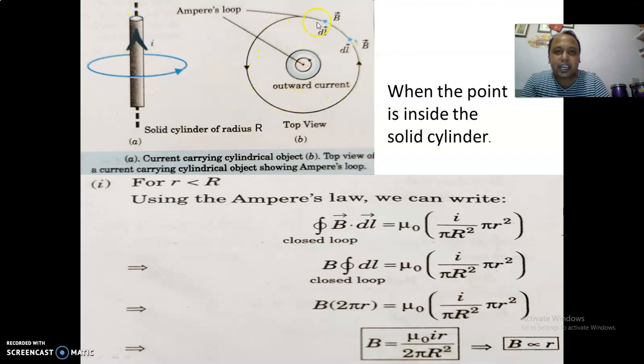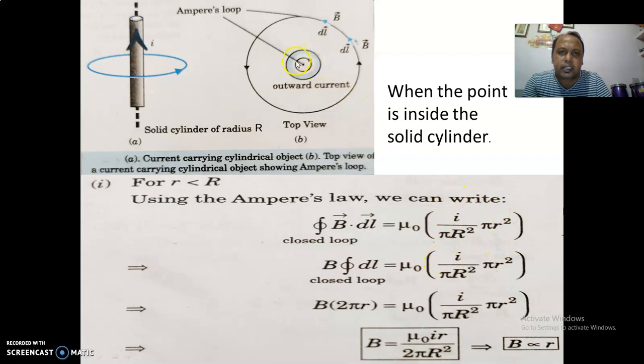If you take the top view, then the current will be in the outward direction, that is towards you. Now we will use Ampere's Circuital Law, which says that the integral of B dot dl is equal to mu naught into the total current threading the loop. On the left hand side we have written the integral of B dot dl over a closed loop, equal to mu naught into the total current which threads the loop.